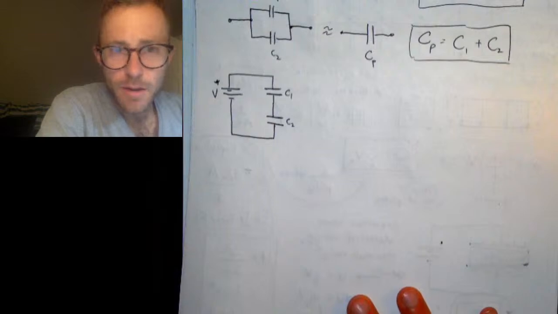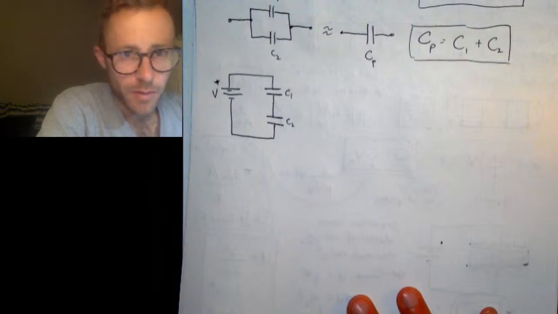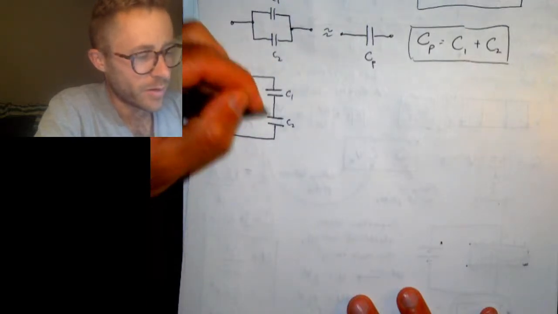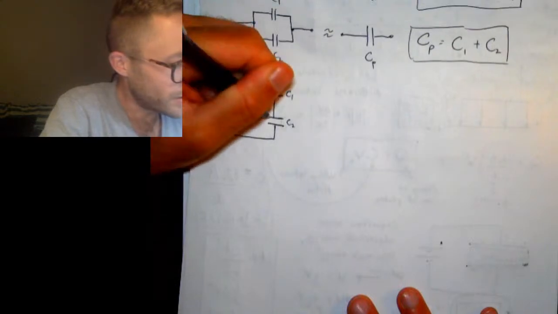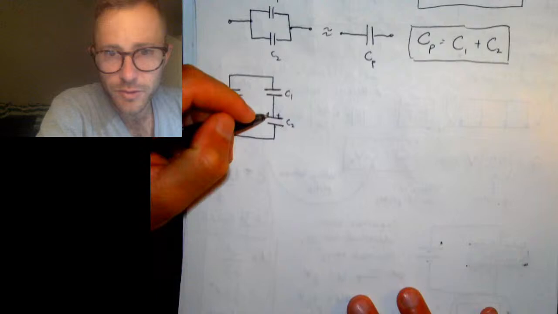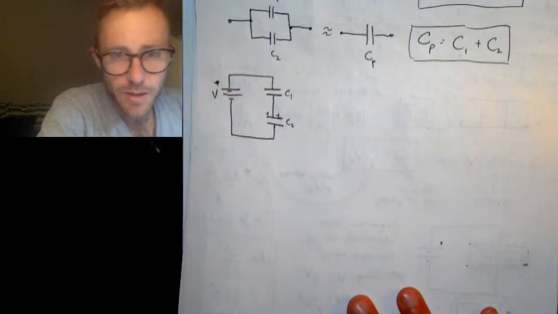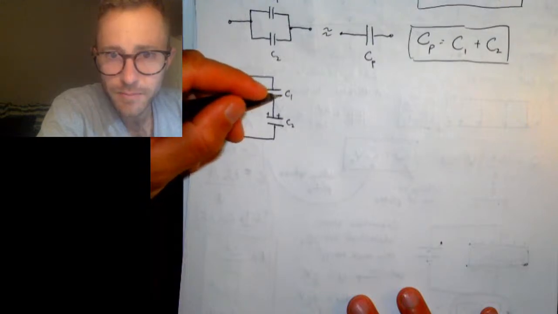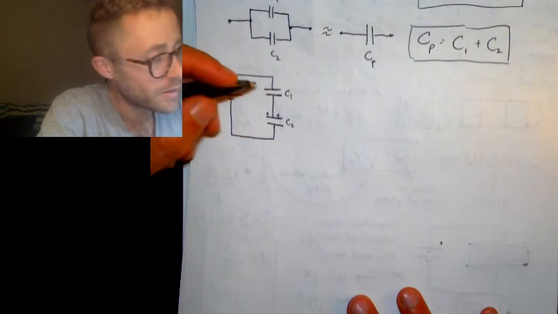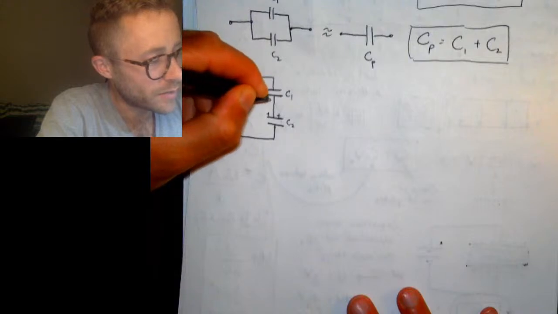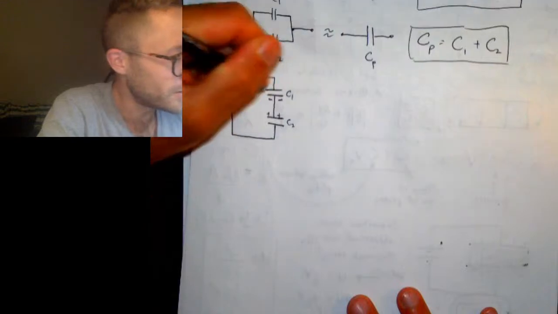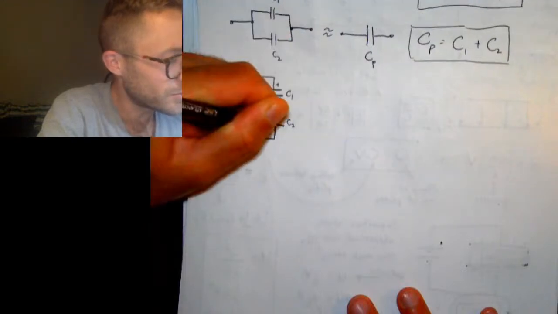Okay, now here's the thing about series capacitors. If we think about any charge that is on this capacitor plate, so maybe this is plus 2Q or something, it had to have come from the capacitor plate above it that it's connected to. So then this one has to have minus 2Q, all right? And then this is plus and this is minus.